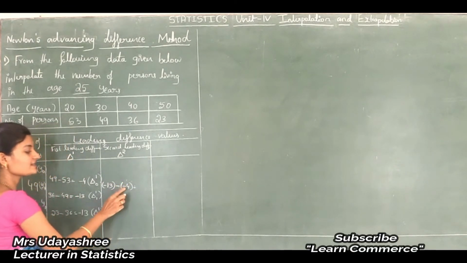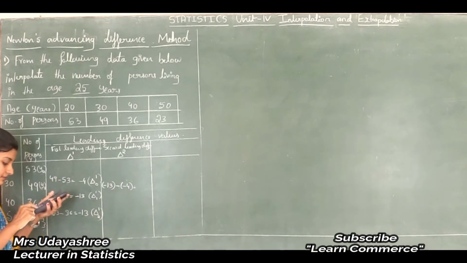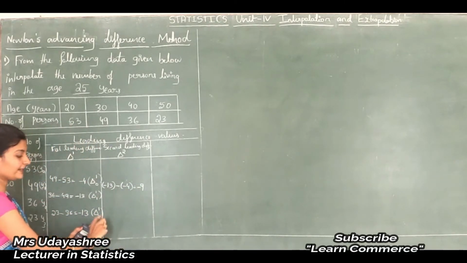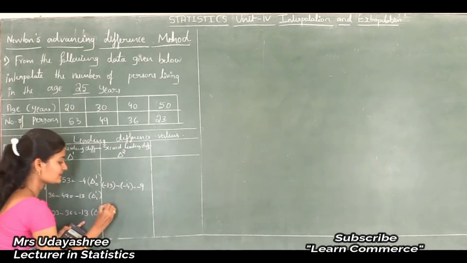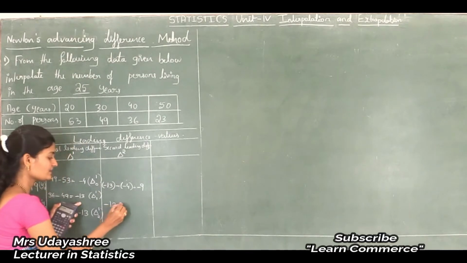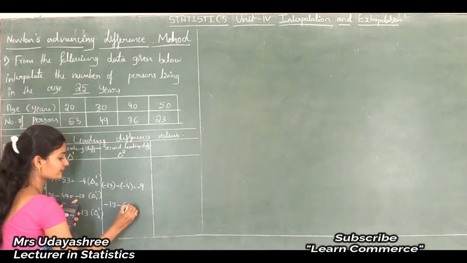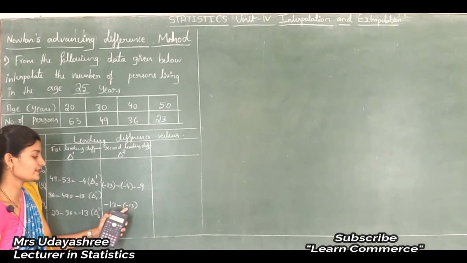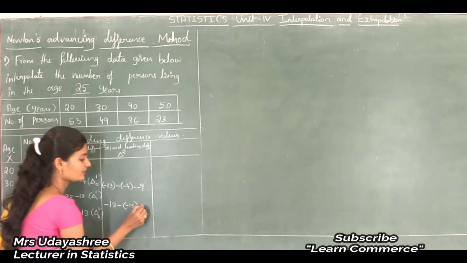Minus of minus is plus 4. So minus 13 plus 4 is minus 9. Next we do delta 2 1 minus delta 1 1: minus 13 minus of minus 13, so minus 13 plus 13 is 0.